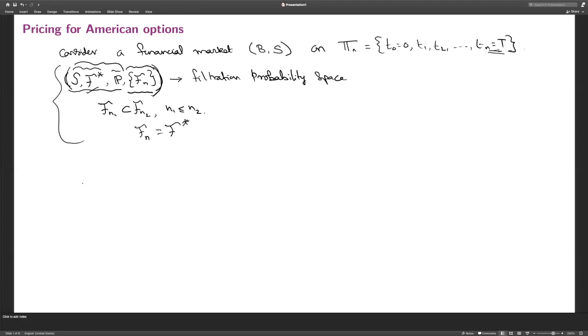So if you recall, what does the American option mean? It is an option in which the holder can exercise the option at any time Tk prior to the expiration. Hence, the holder of the American option has two possibilities at every time level. What are they?